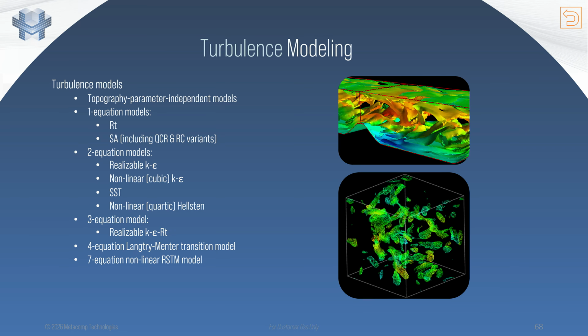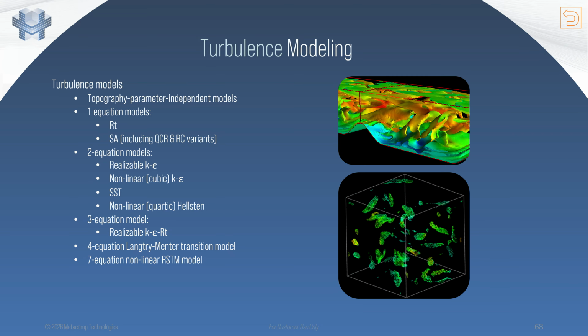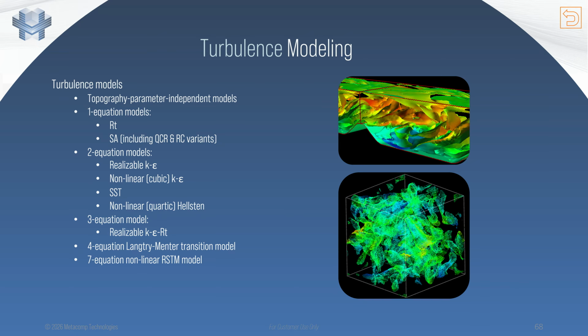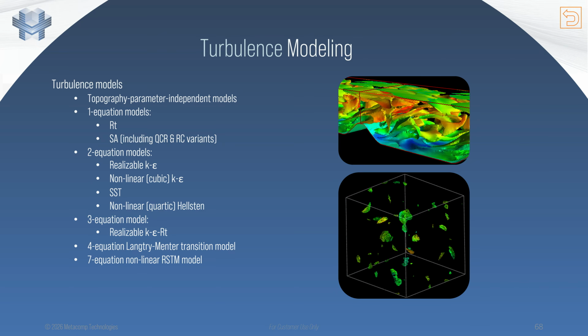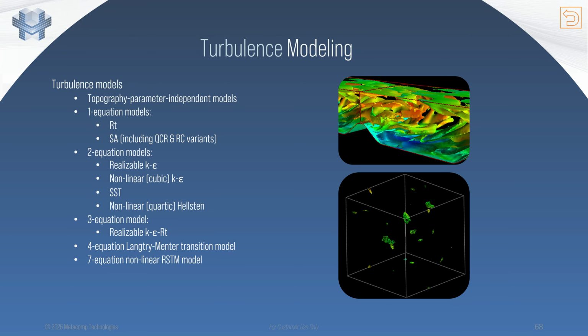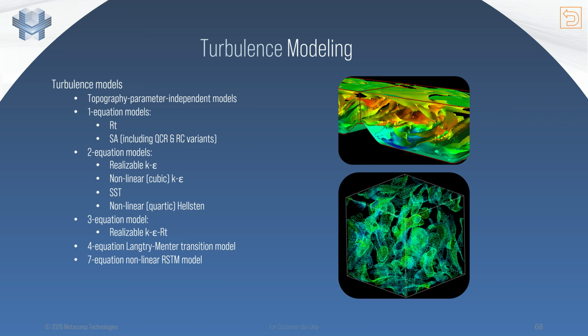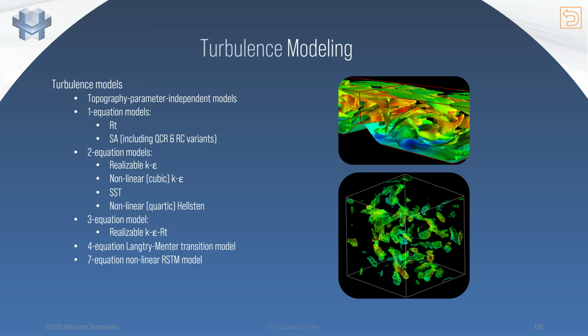CFD++ also features the three-equation realizable k-epsilon RT model, the four-equation Langtry-Menter transition model, and a seven-equation realizable second moment closure. All models can be used together with a sophisticated wall function treatment if coarse grids are placed adjacent to walls.